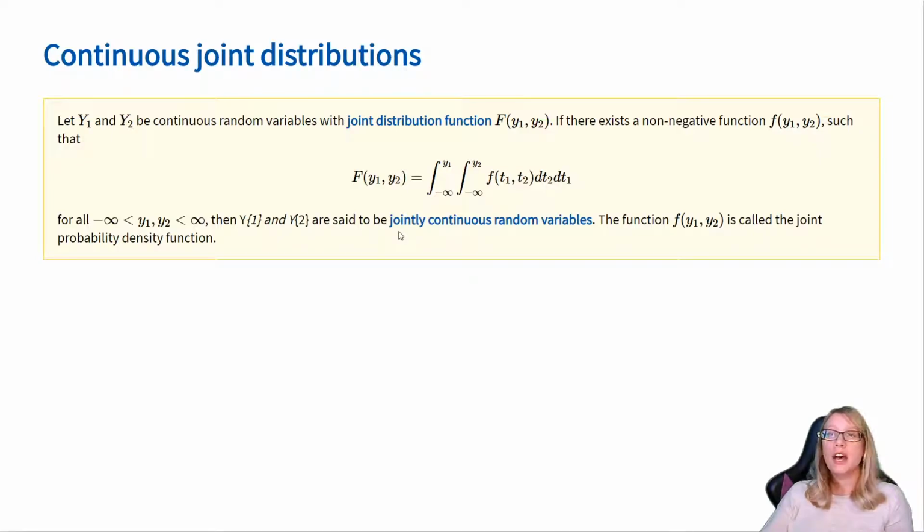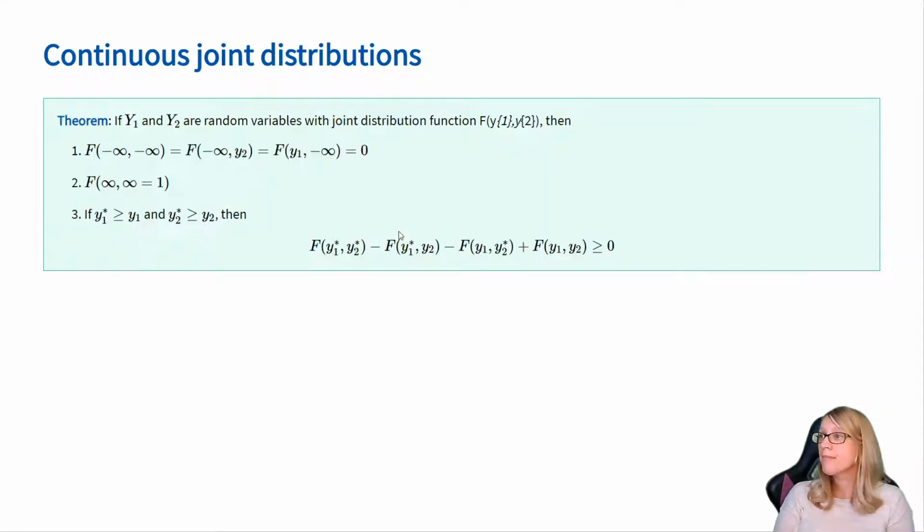The function, little f, is the joint probability density function, or the joint PDF. So we're actually here defining the joint PDF in terms of the joint CDF. It's the function that makes this integral complete.